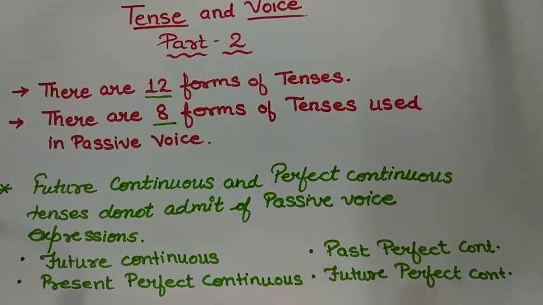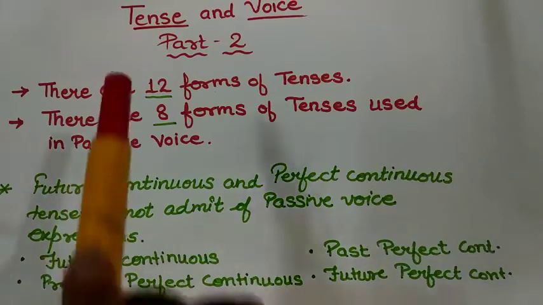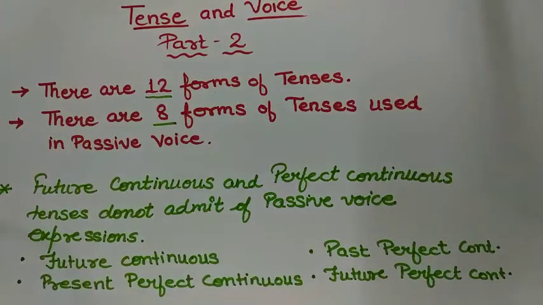Means we cannot make passive voice of tenses future continuous, present perfect continuous, past perfect continuous and future perfect continuous. So, by reducing these 4 tenses, we are left with 8 forms of tenses.